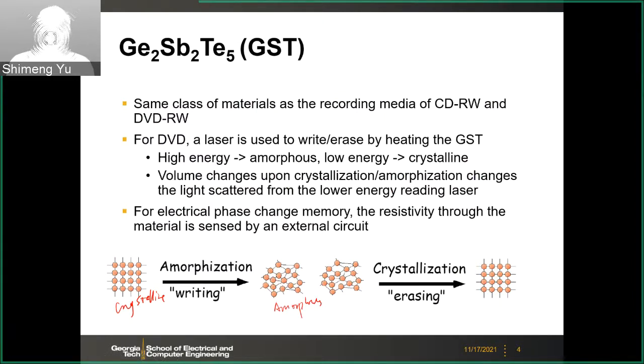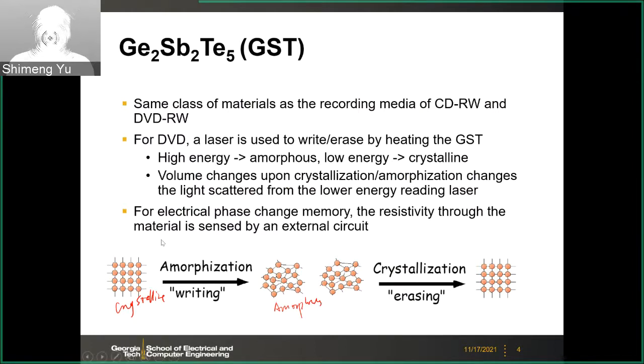So if you shine a light, the refractive index will be different between the crystalline state and amorphous state. So optically, you can detect that region is crystalline or amorphous. So this is how you optically read out the data 1 and 0 by looking at the reflection.